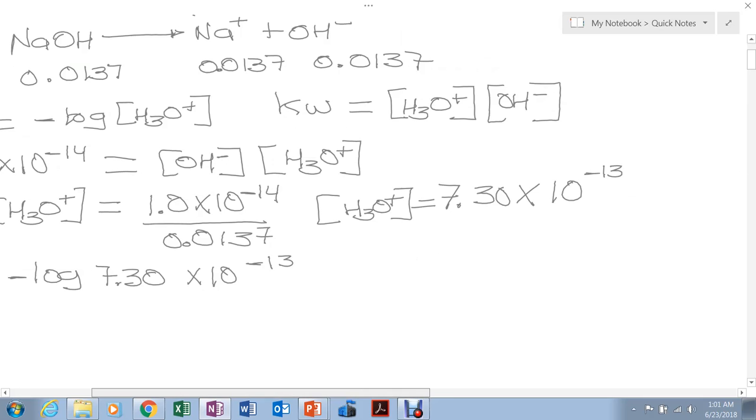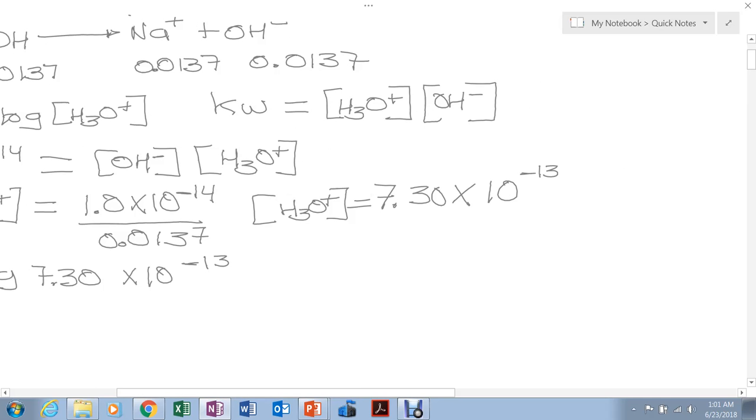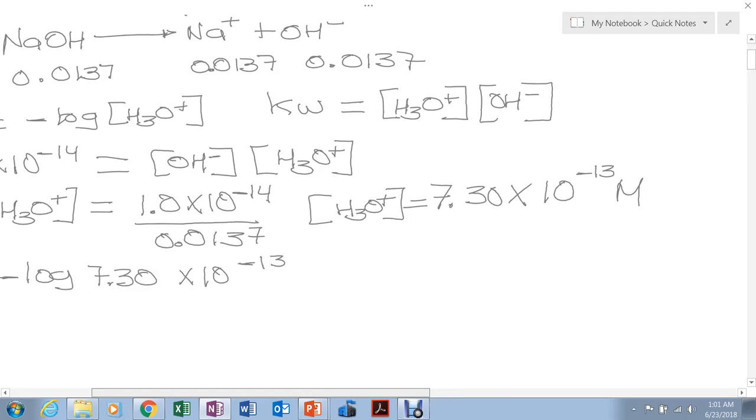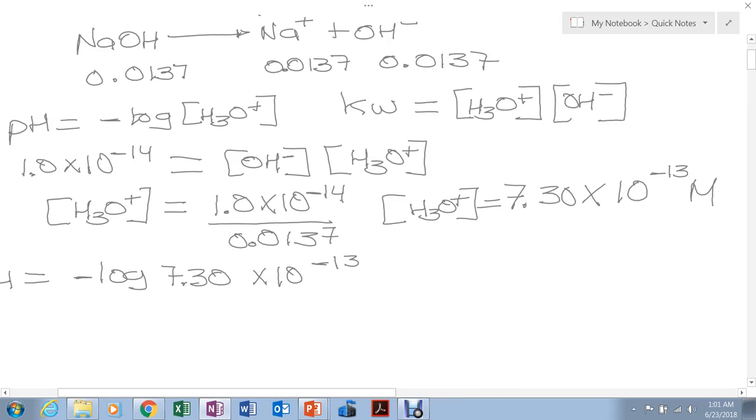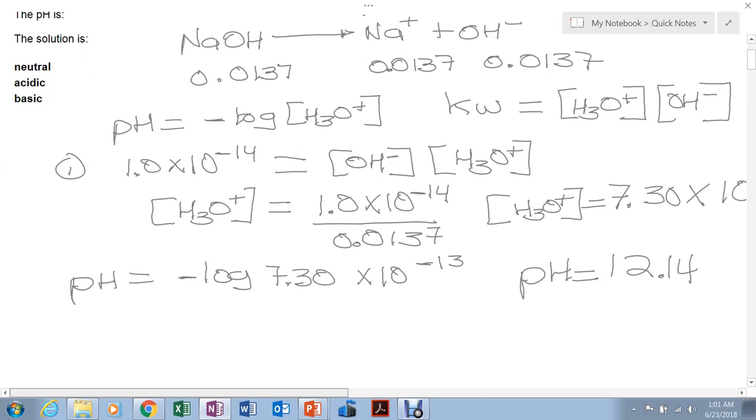And by the way, this is M. So the pH is going to be 12.14. And this is a basic solution.